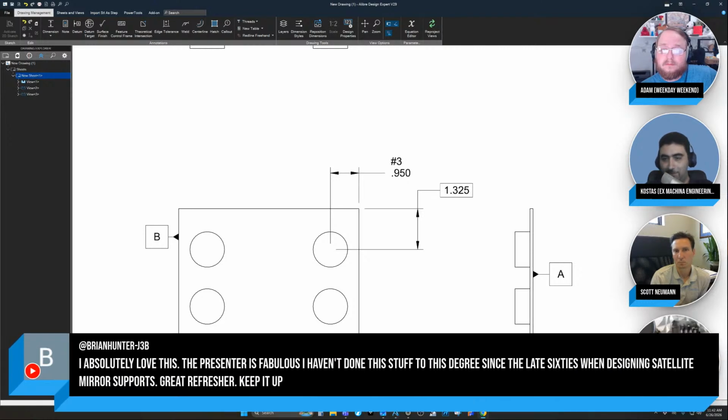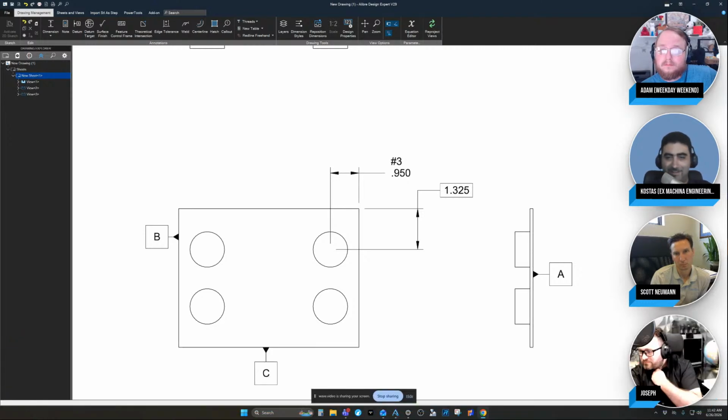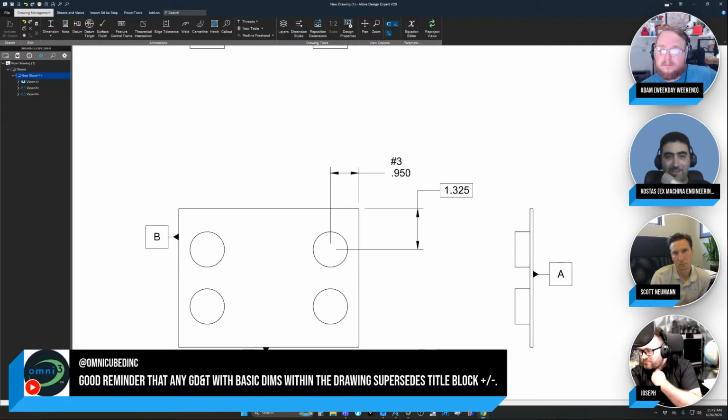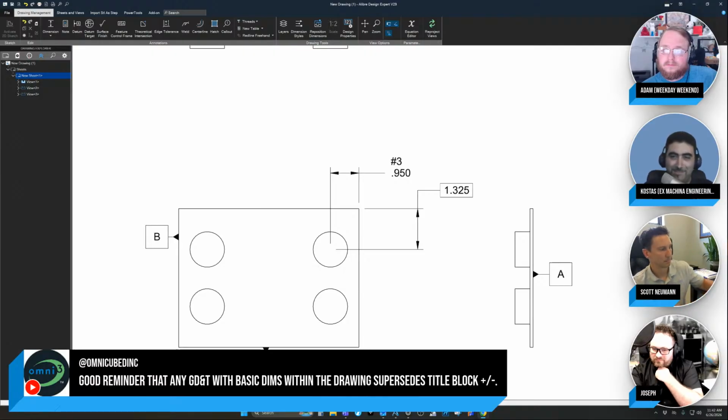OmniCube just made a very important comment here. Let me start by saying most CAD systems, in their drawing template, have a disclaimer that says, unless otherwise specified, all dimensions are plus or minus this or that.